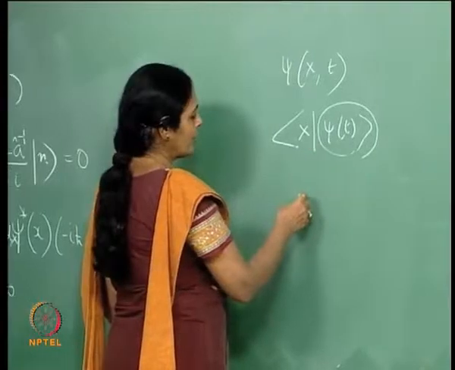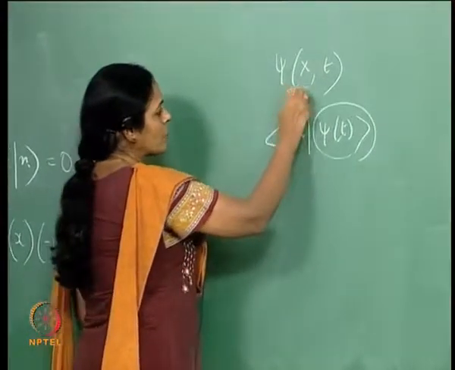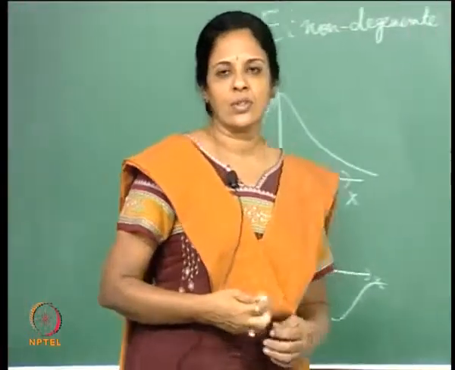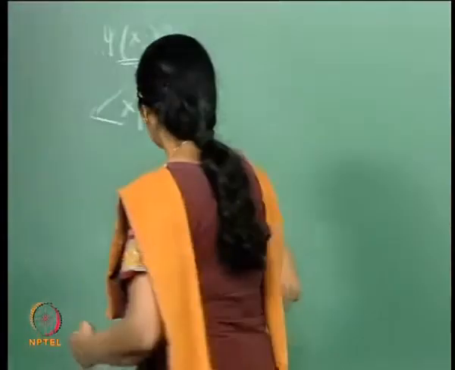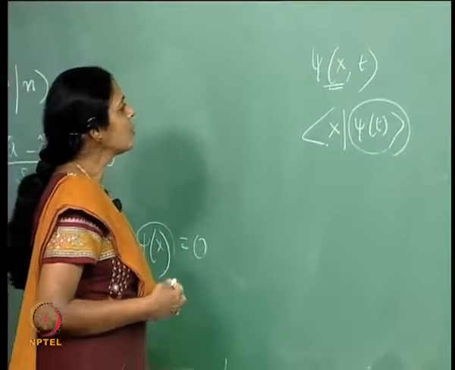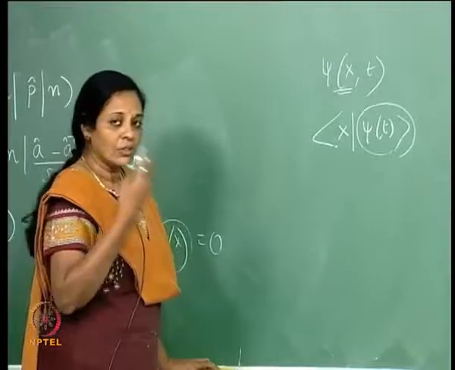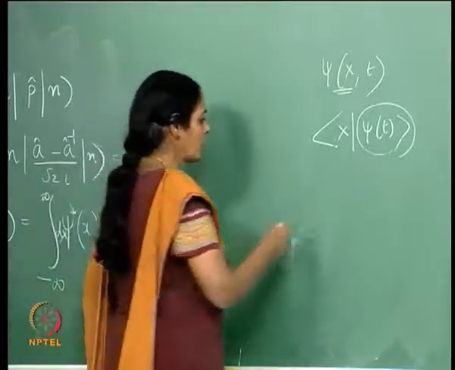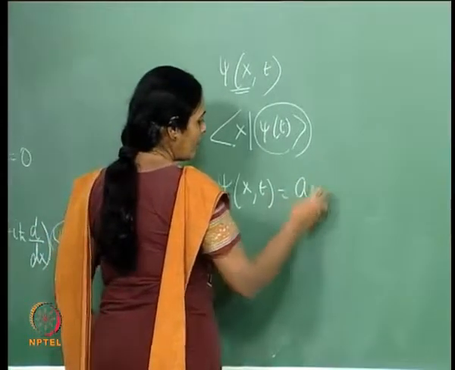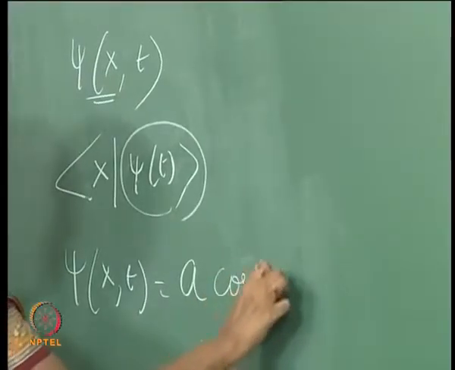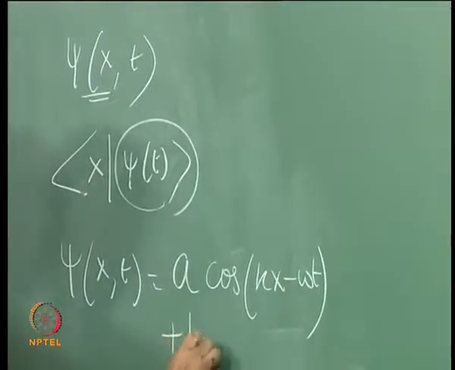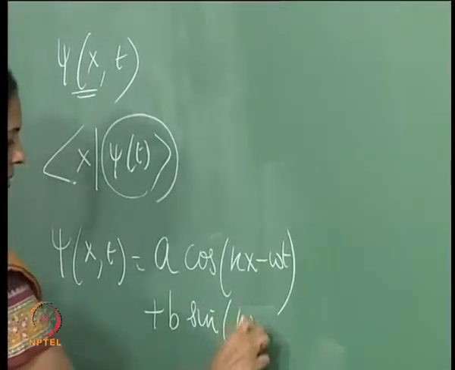Now, in general, therefore, I would like to attempt to write an equation for psi of x comma t. Turns out that this is the Schrodinger equation. I use the fact that in general psi of x, t, going back to the free particle, is a harmonic wave, and therefore psi of x, t would be a cos(kx minus omega t) plus b sin(kx minus omega t).